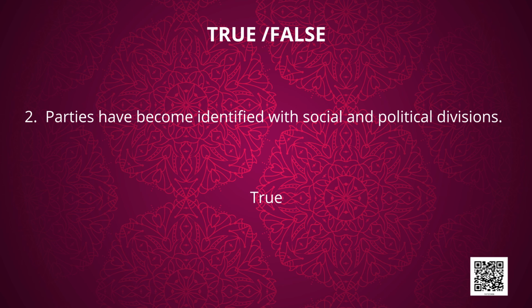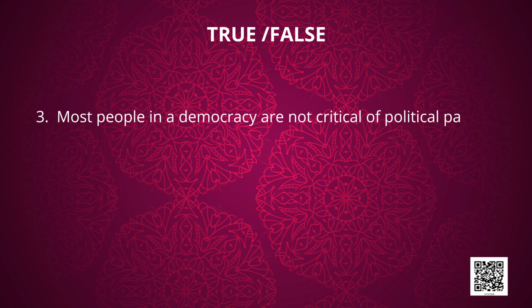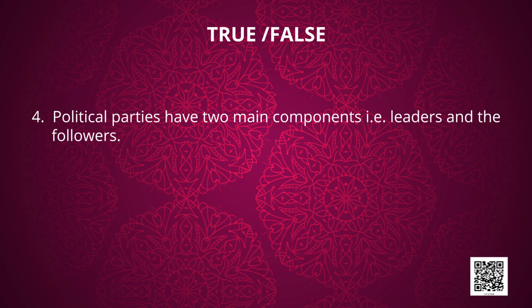Let's take up the third sentence. Most people in a democracy are not critical of political parties. And this sentence is false because people are generally critical of political parties. The last sentence is, political parties have two main components, that is, the leaders and the followers.